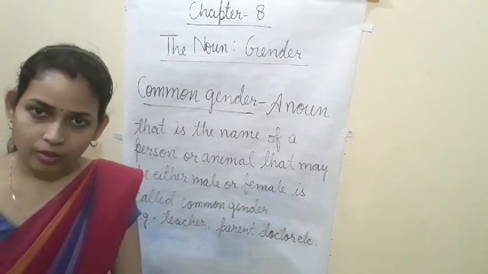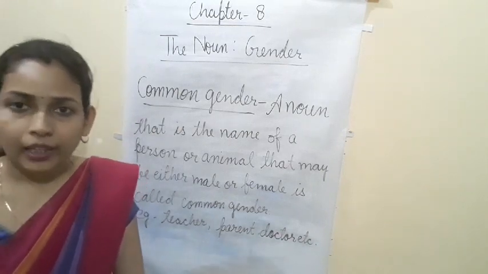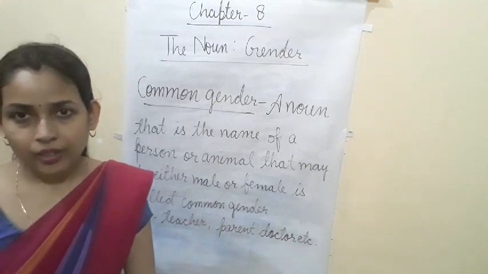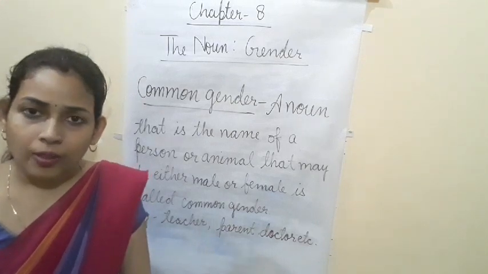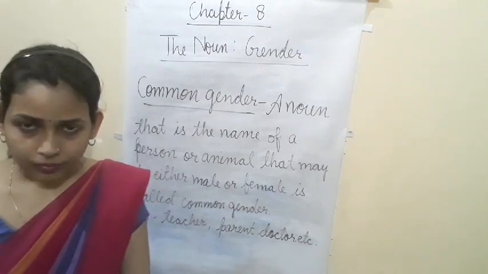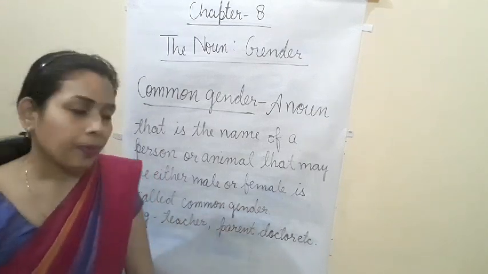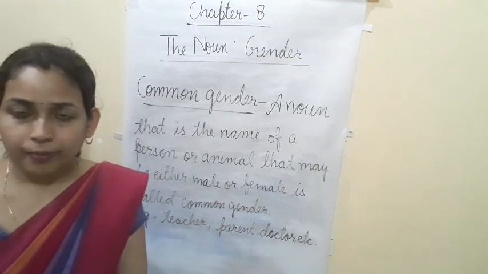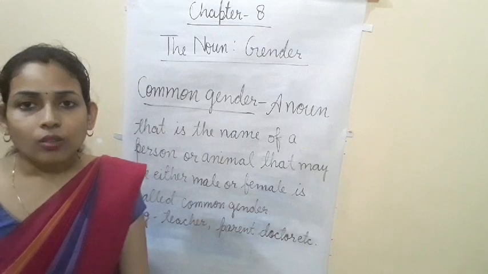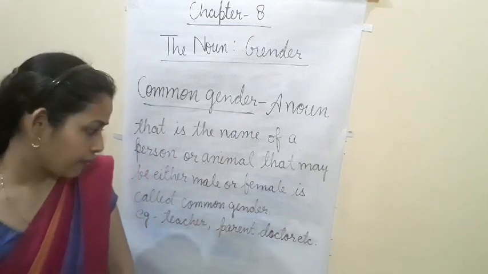A teacher can be male and also female. For a male teacher we say teacher, and for a female also we say teacher. So when it refers to both male and female, that is called common gender. Another example, parent. A parent can be father or mother. So that is called common gender.